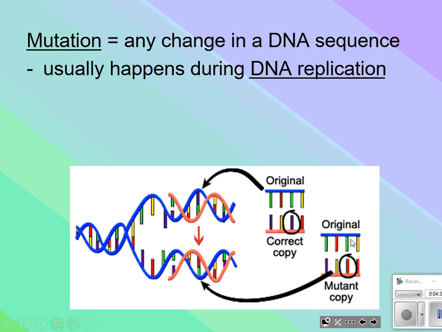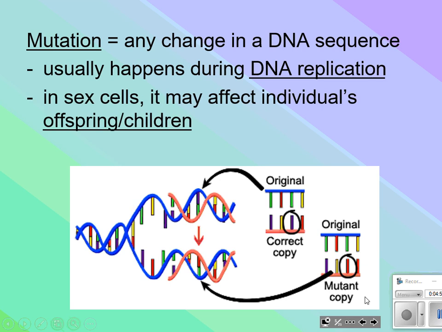Now, on this copy, I have a green with a red. So I have definitely changed that DNA, haven't I? That would be a mutation. Could occur during replication.